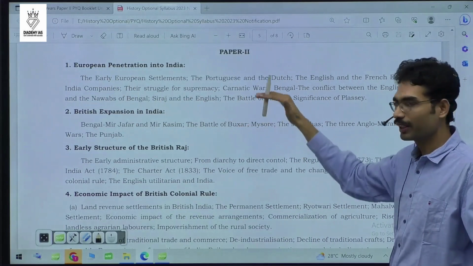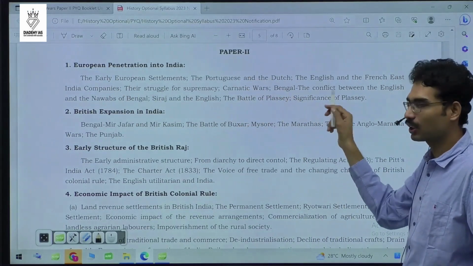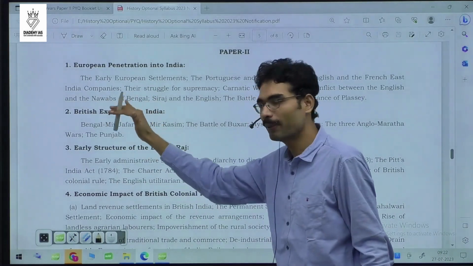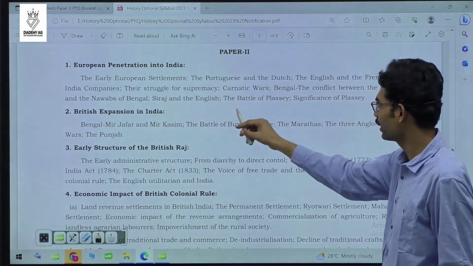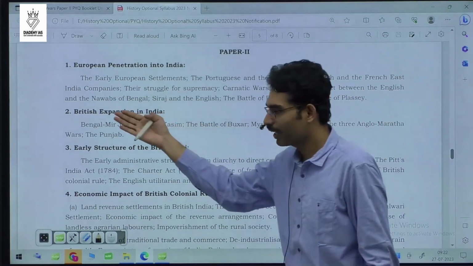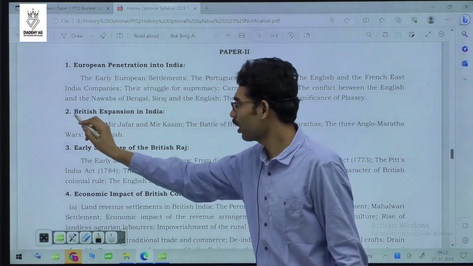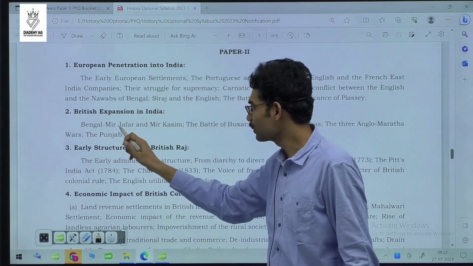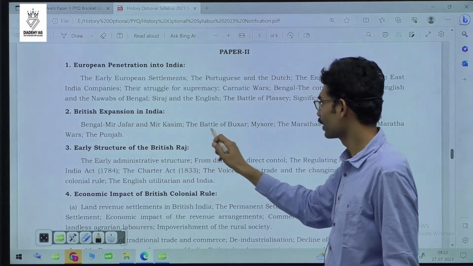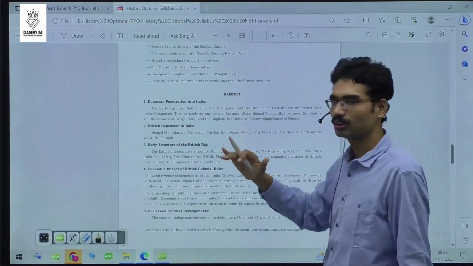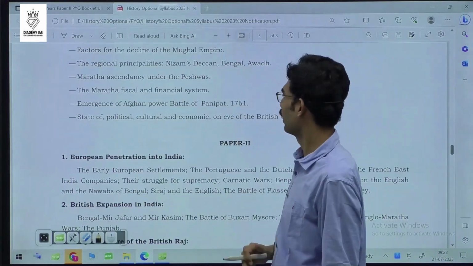Carnatic Wars in the south, Bengal conquest, the conflict between the English and the Nawabs of Bengal, Siraj and the English, the Battle of Plassey, the significance of the Battle of Plassey. And in fact, the second chapter also contains some part related to Bengal: the Bengal conquest, Mir Jafar and Mir Qasim, the Battle of Buxar. So up to here, it talks about the conquest of Bengal.